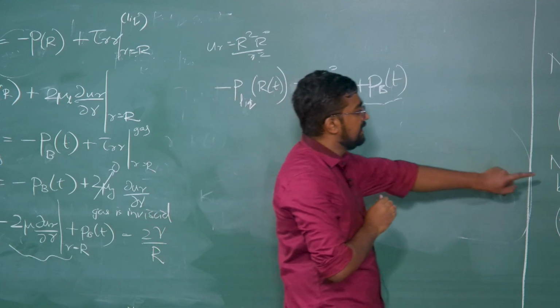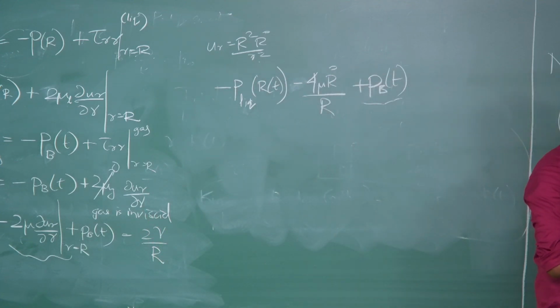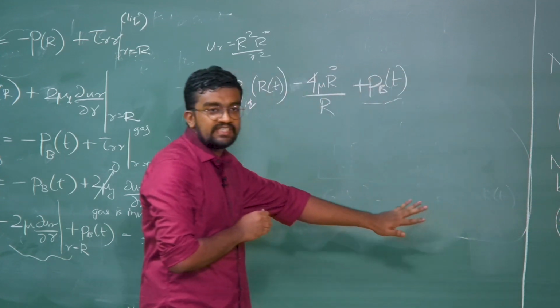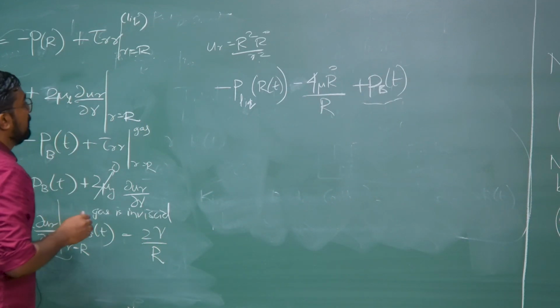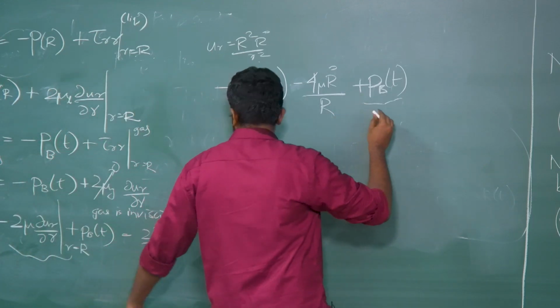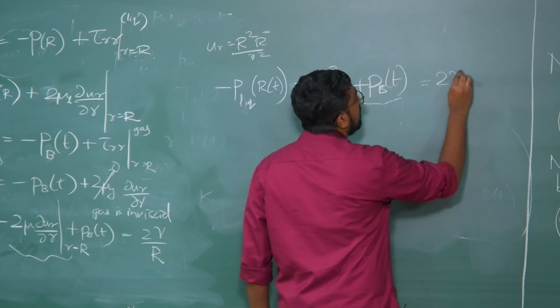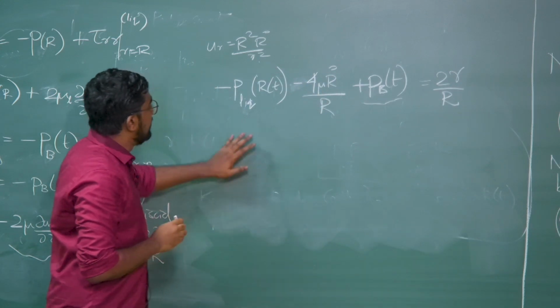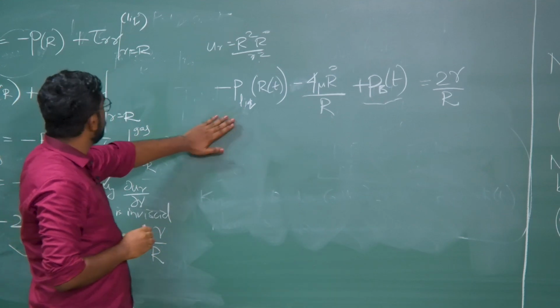As I said, this pressure inside the bubble at any given time, we will relate to the initial pressure inside the bubble using the ideal gas equation, because we assume that the process is isothermal. This is equal to 2 gamma by capital R. So, this is an expression that we need to find out.